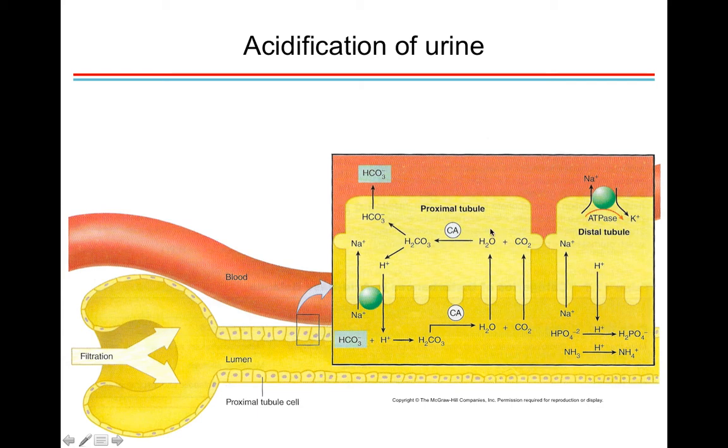Then inside the cell lining the proximal convoluted tubule, carbonic anhydrase will reform carbonic acid, and the carbonic acid will break down to bicarbonate and the hydrogen ion. Bicarbonate will be sent out into the interstitial space to be picked up by capillaries, and the hydrogen ion can be sent back into the filtrate to pick up another bicarbonate molecule, allowing the cycle to repeat.